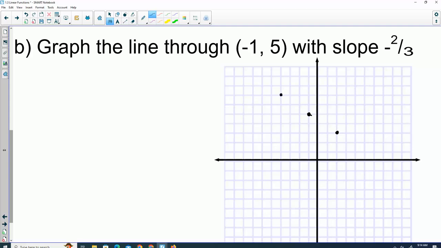We know it's a decreasing line because of the negative slope. So it should look like this. Are you guys remembering all of this? Good. All right, any questions so far? All right.